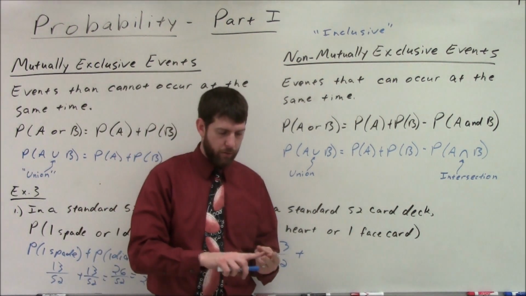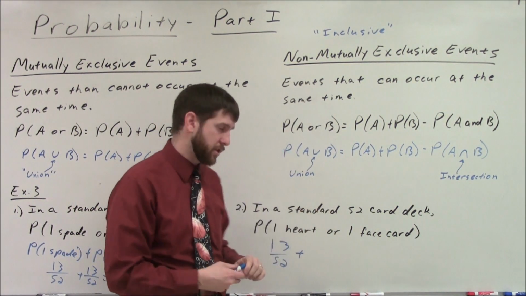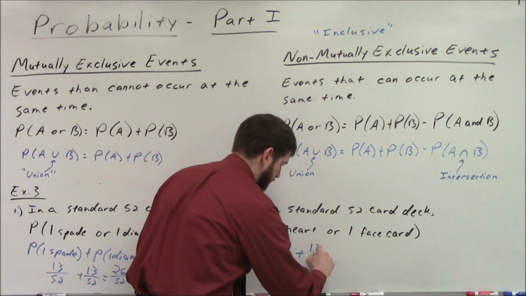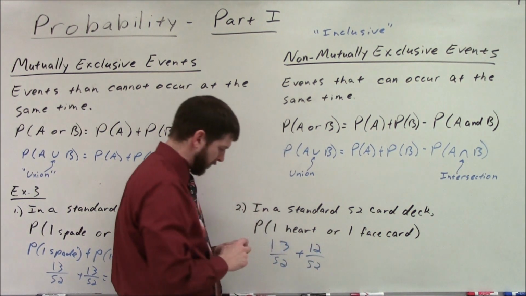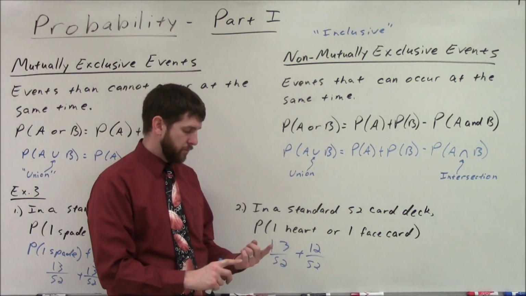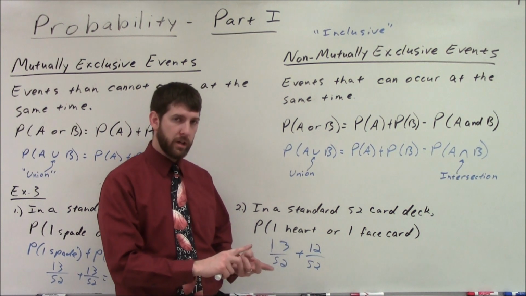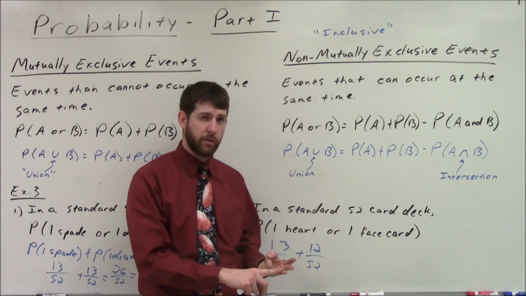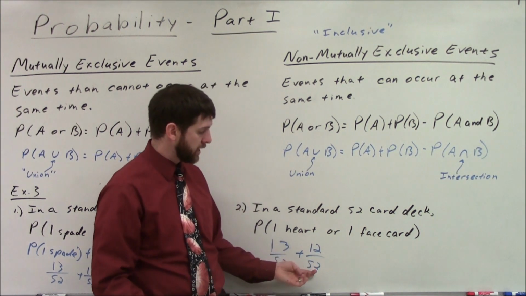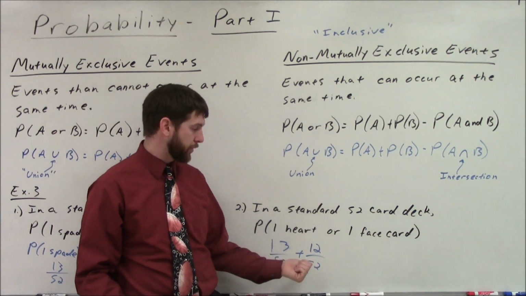Let's see, there's Jack, Queen, King, so 3 face cards, and there's 4 different suits, so 12 face cards. Well, the problem is, this is Ace through 10 plus Jack, King, Queen of hearts. This is Jack, King, Queen of clubs, Jack, King, Queen of spades, Jack, King, Queen of diamonds, and Jack, Queen, King of hearts. So the Jack, King, Queen of hearts got counted in both groups.